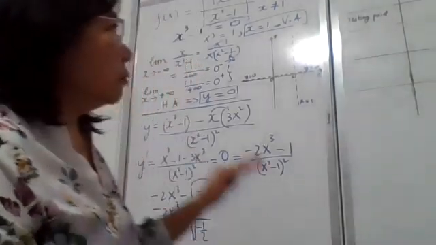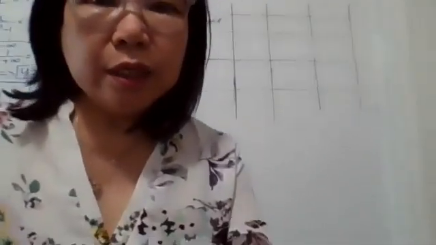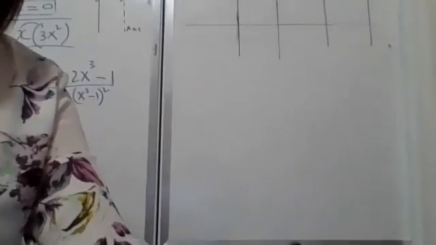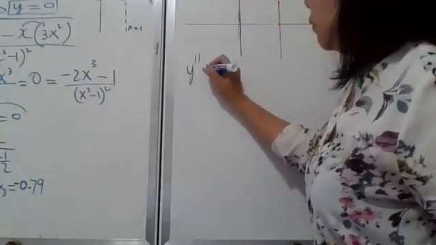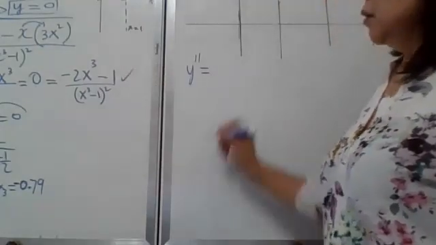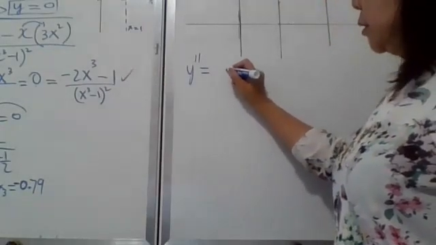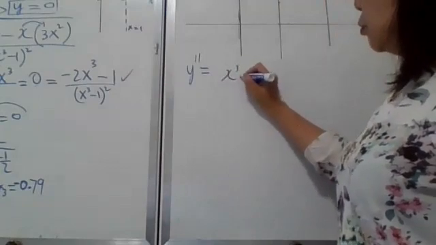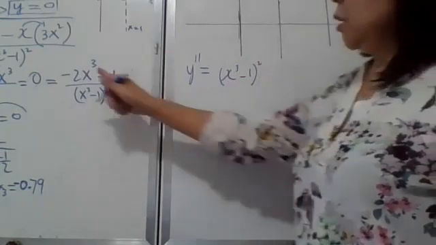So now let's move to the next board, and we're going to do the second derivative. So now I'm going to take the second derivative. What is the second derivative based on this one? Based on the first derivative, keep the numerator the same, x to the power 3 minus 1 squared, keep the same.